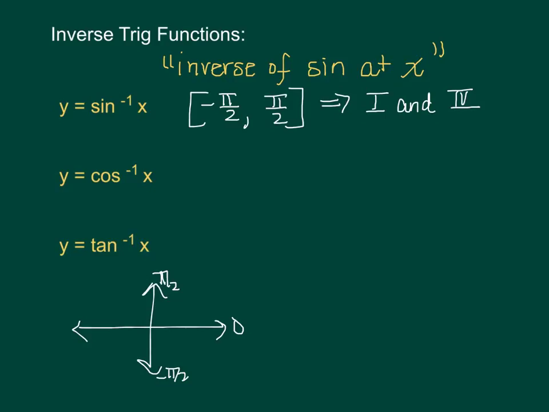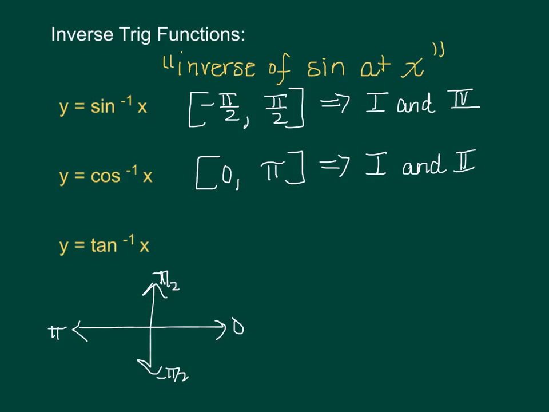And then for cosine, remember it was from 0 to pi. Here's pi. So that means we can only look in quadrants 1 and 2 when we're finding the exact value of the inverse function.